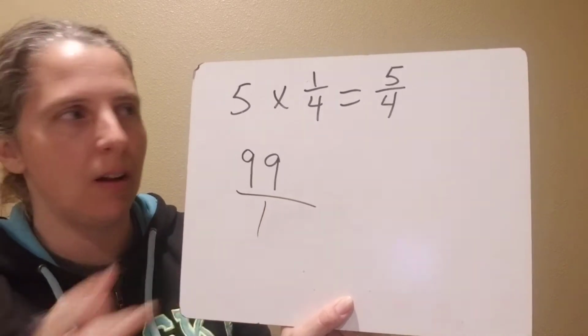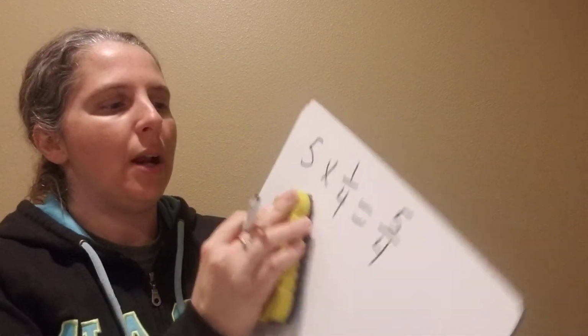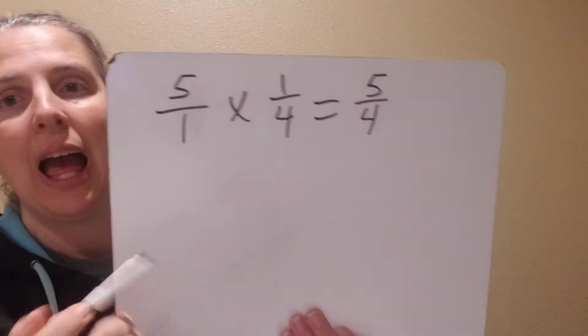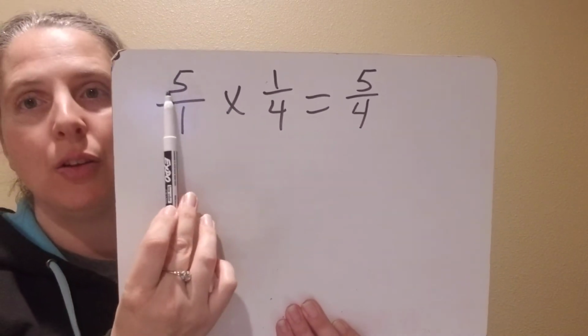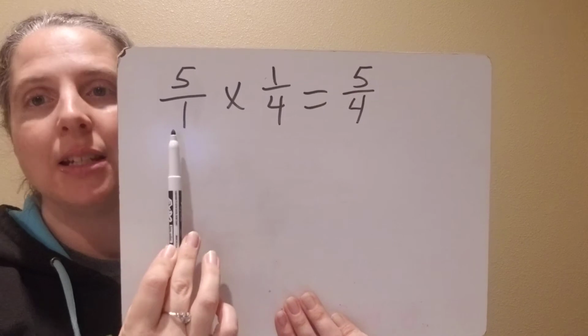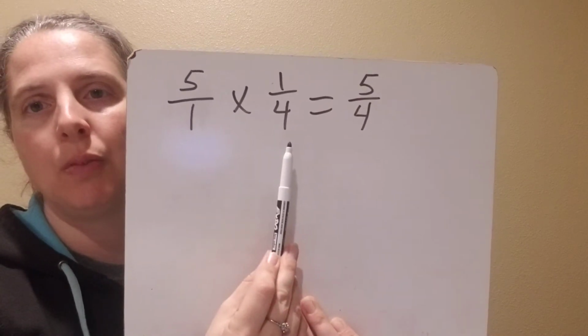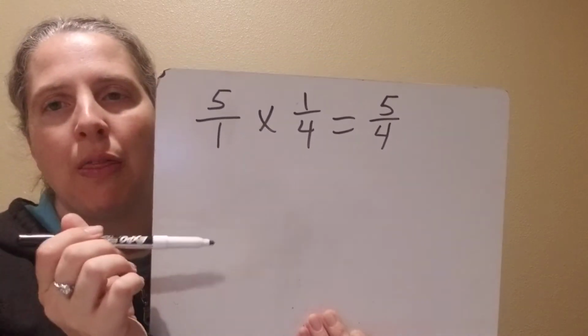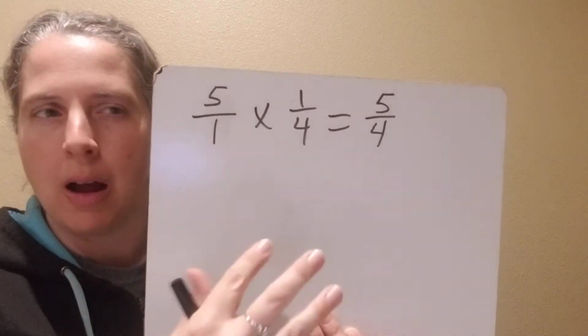1, all right? So when I do that, because multiplication of fractions is different, you're technically multiplying the numerator times the numerator and the denominator times the denominator, okay? So you'll learn that later, probably.